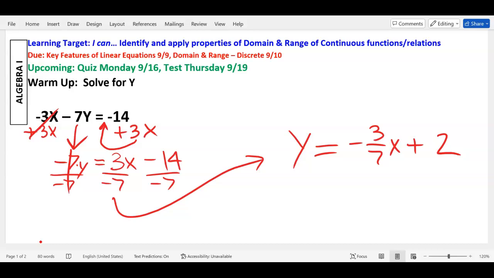All right. That being said, we got some notes to do on continuous domain and range. Let's try to knock this out, so I can give you a little time at the end to work on the assignment.